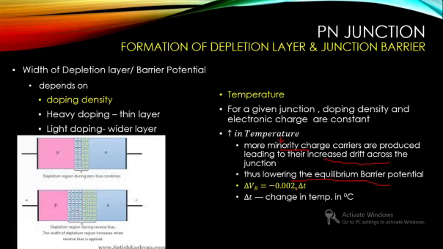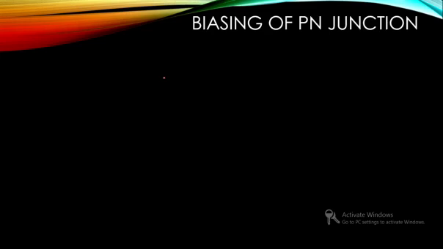It is 2 millivolt per degree, that is 0.002 times delta T. So you can find the difference in temperature in degrees Celsius and multiply with 0.002. Then you will get the decrease in barrier potential. So these are the two factors on which the width of the depletion layer or the barrier potential depends. Now let us see another concept.